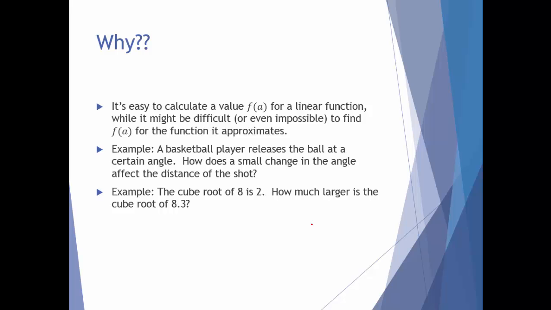So for example, if you've got a basketball player who releases a ball at a certain angle, how does a small change in the angle affect the distance of that shot? Well, that's probably going to be a relatively complicated calculation to find exactly, but if you're willing to approximate it, then it's going to be an easier calculation.